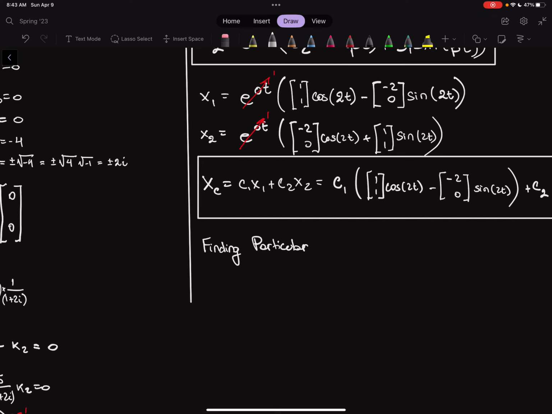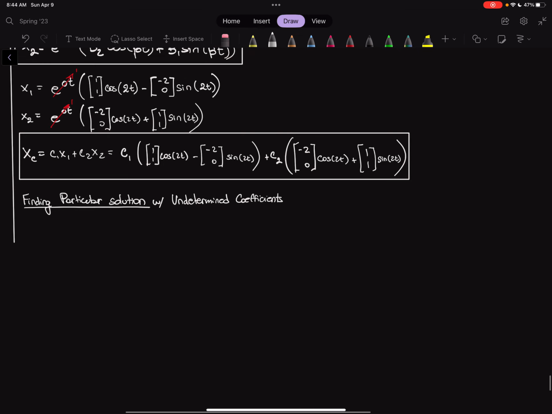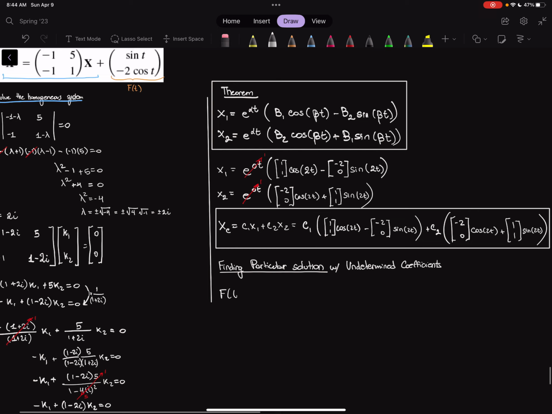There are several methods. The method I'm going to discuss is undetermined coefficients. This mirrors the method that we use to solve single differential equations. So I look at my f of t, and I notice that it is composed of 1, 0 sine of t and of 0, negative 2 cosine of t.